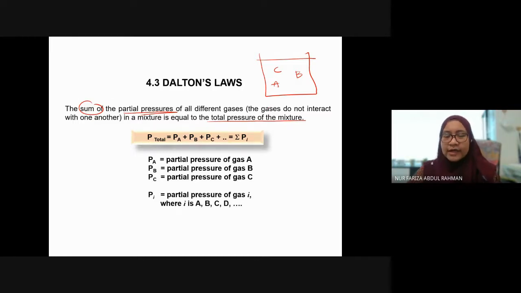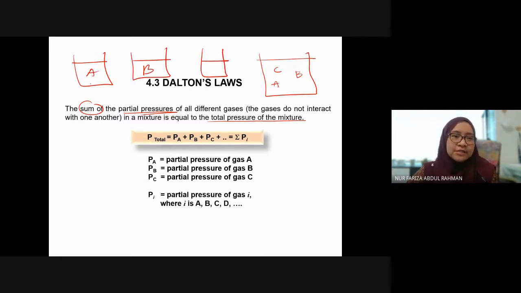Kalau dia standalone, for example, this is A, and then this is B. Kalau dia standalone, kita panggil dia pressure A, because there's only A je dalam the container. We don't have B, we don't have C and others. Same goes to pressure B and so on.